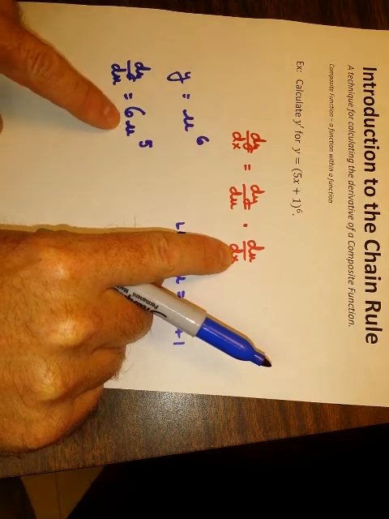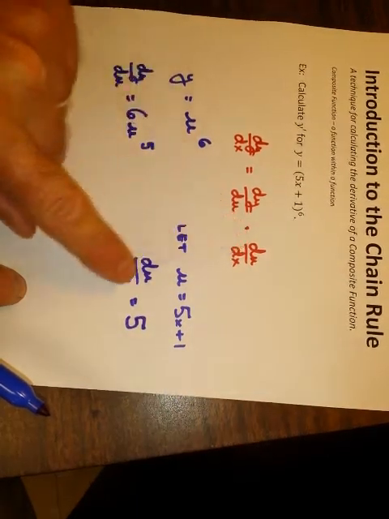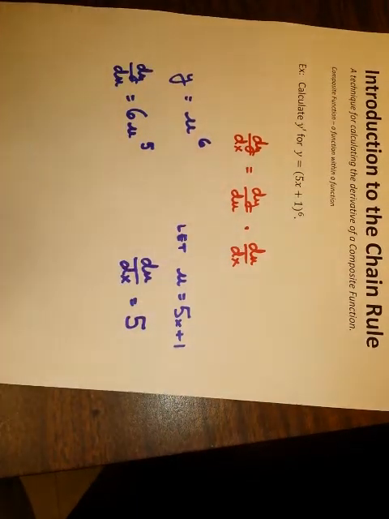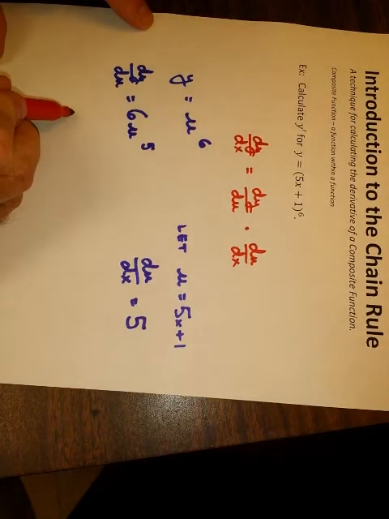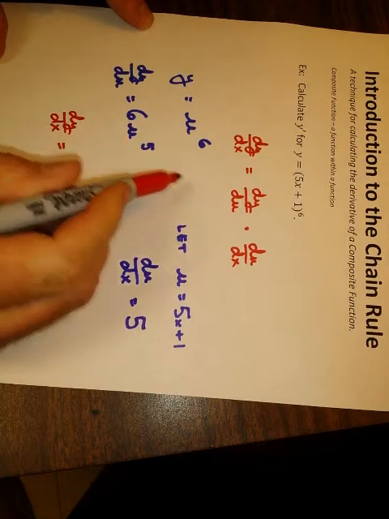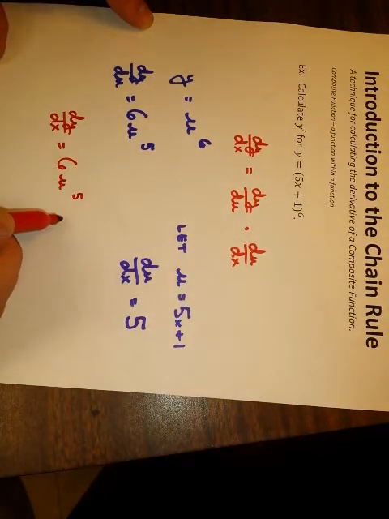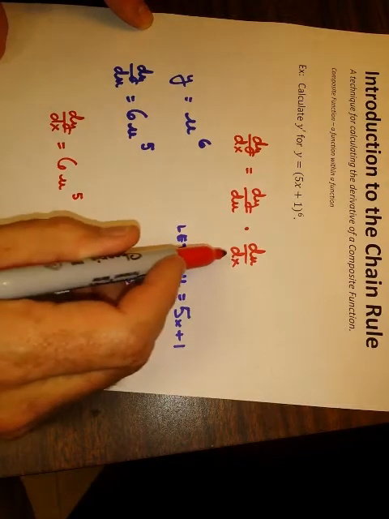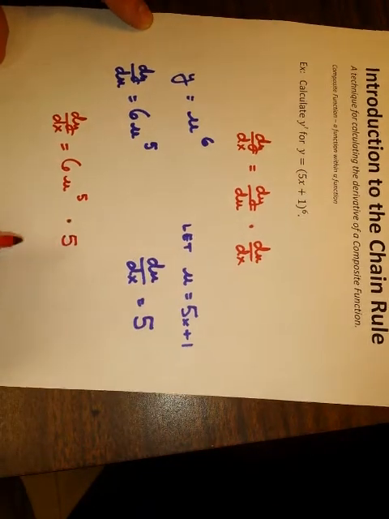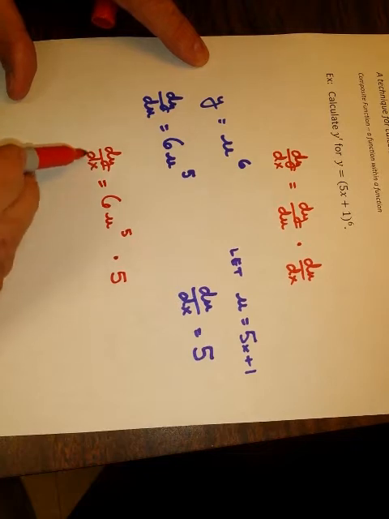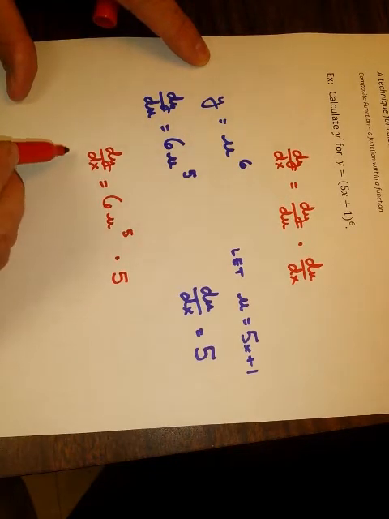So if dy/dx is equal to the product of these two quantities here, dy/du, which we have, and du/dx, which we have here, then based on that, we can say dy/dx is 6u to the 5th times du/dx, 5. Okay? Or y prime, dy/dx, same thing.